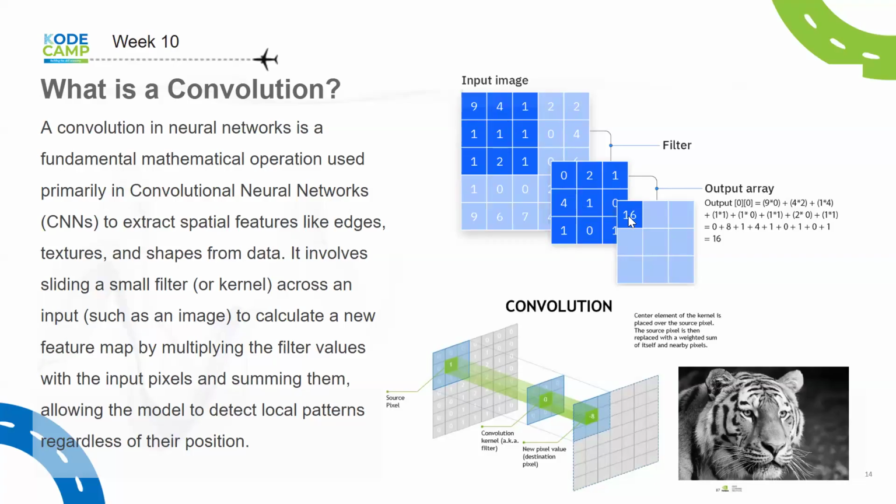And the output is now a sum product. If you look at it, this output 16 is the convolution operation of this filter on this section of the image. It's very simple mathematics.